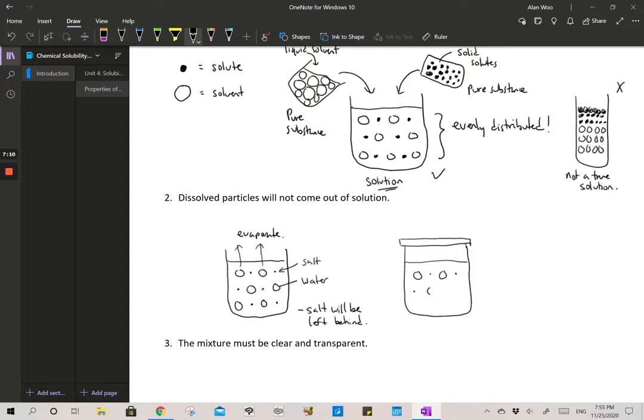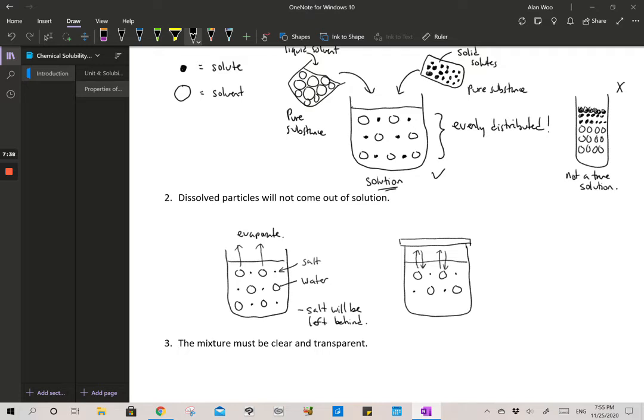Okay, so again, I'm just going to draw a few of them this time. I don't need as many. Okay, so here, water will try to evaporate, but can't, and it comes back down. It'll evaporate, and then it'll recondense. This solution will stay as a solution. It'll stay the way it is because the dissolved particles are not coming out of solution.